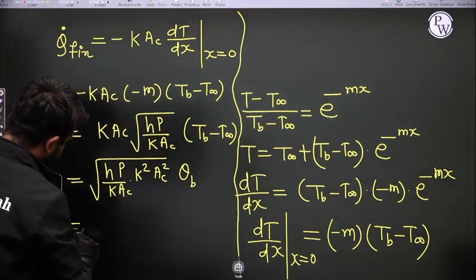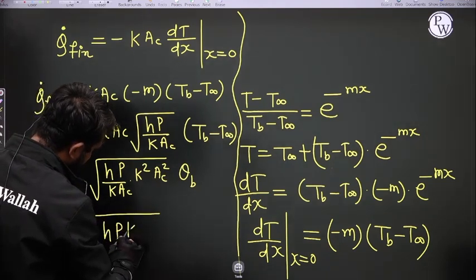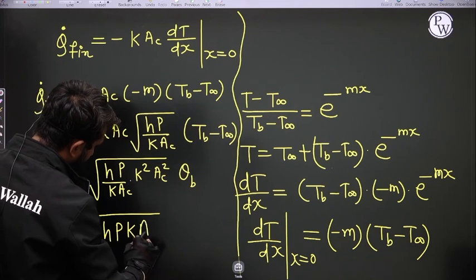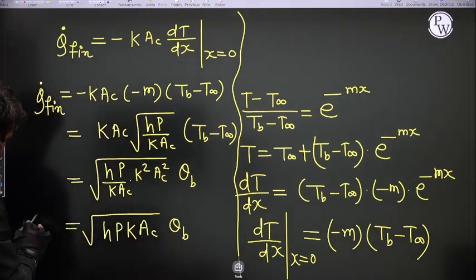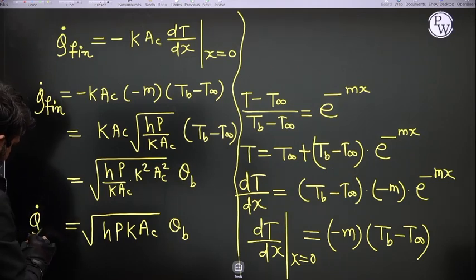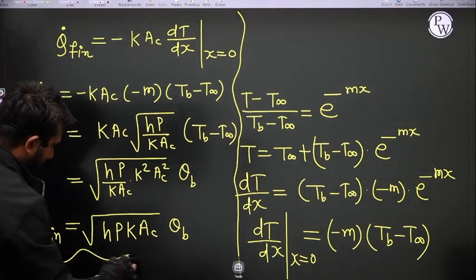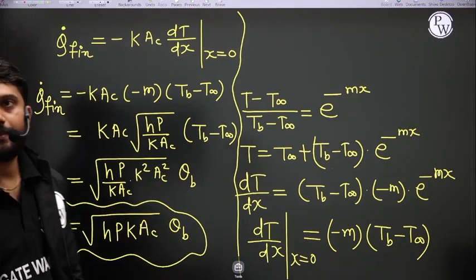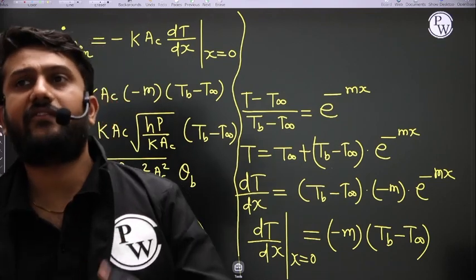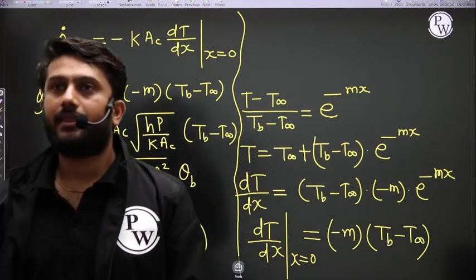So that is equal to root over hP k Ac theta b, and this is the rate of heat transfer through the fin. Rate of heat transfer through the infinitely long fin. So this is all about the infinitely long fin.